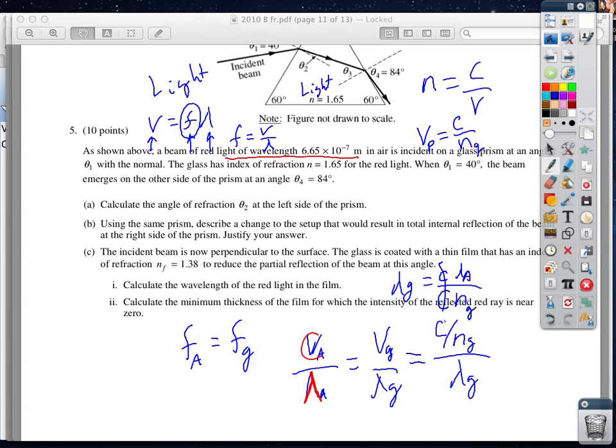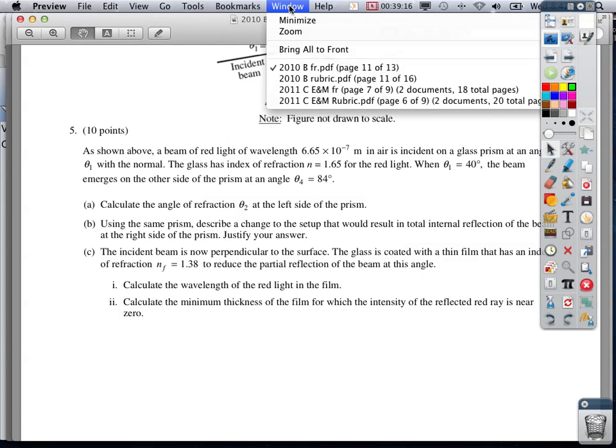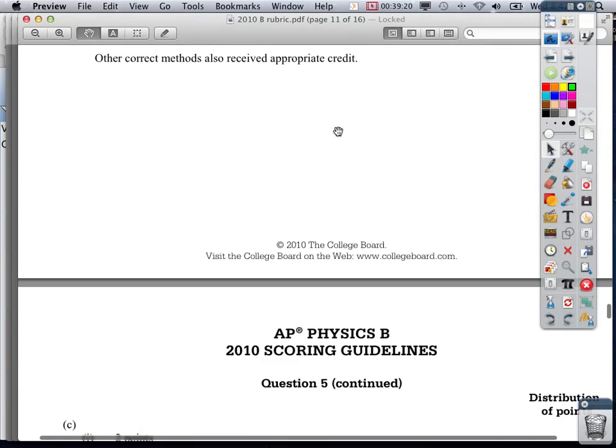So that goes away. So lambda G is just lambda A in air divided by N. Is it divided by that new thing or divided by N of the glass? Yeah, the glass, N of the glass.